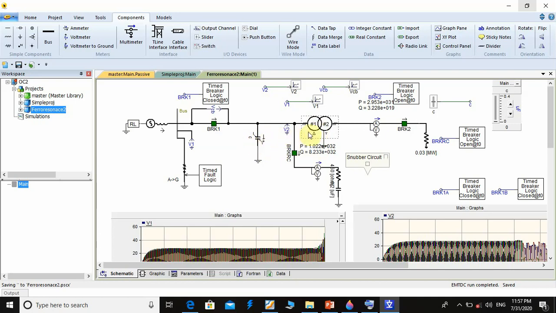I think there is oscillation between the transformer and stray capacitance, and this oscillation may get dangerous, or we may get high risk if this stray capacitance and transformer leakage impedance get in resonance. We may get high transient overvoltage for the transformer or the cable itself.